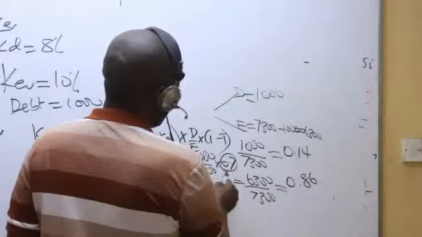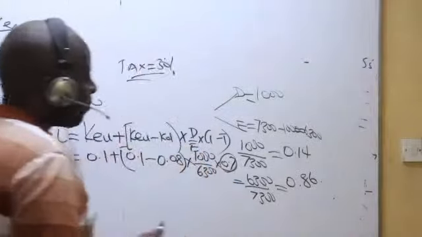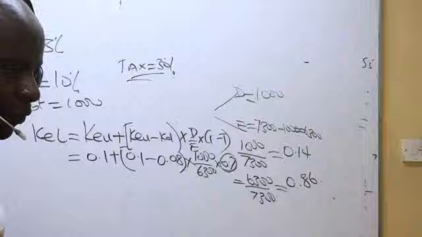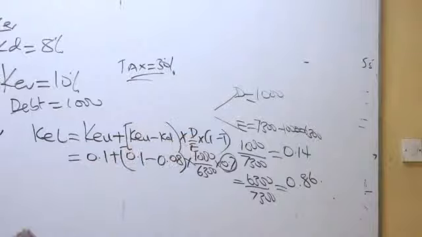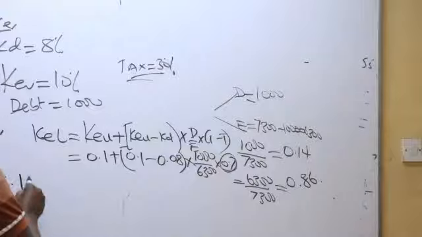Are you able to see where I got the 0.7 from? 1 minus 30%. Thank you very much. So therefore, KL will be equal to who?